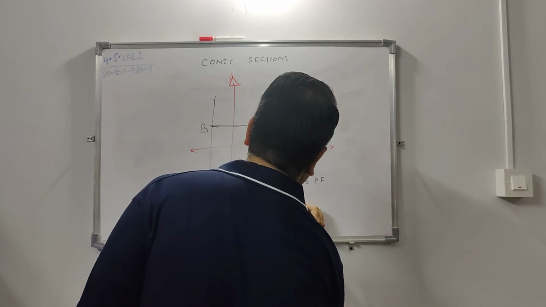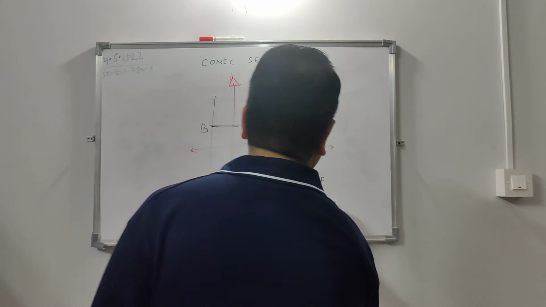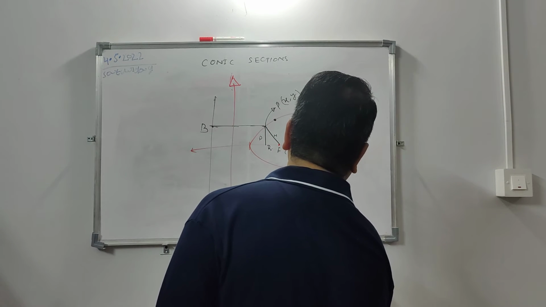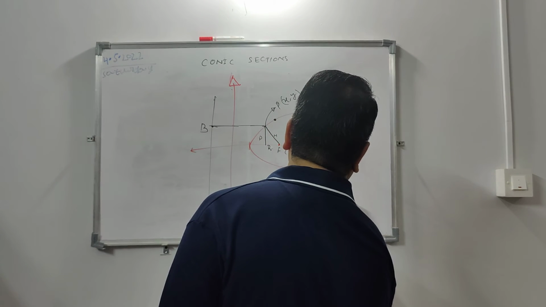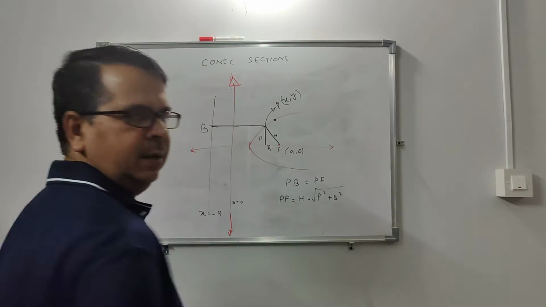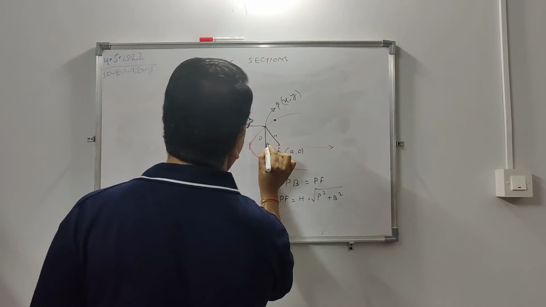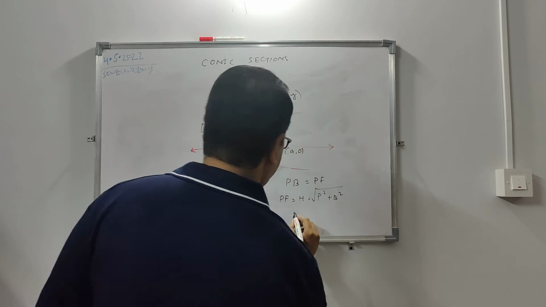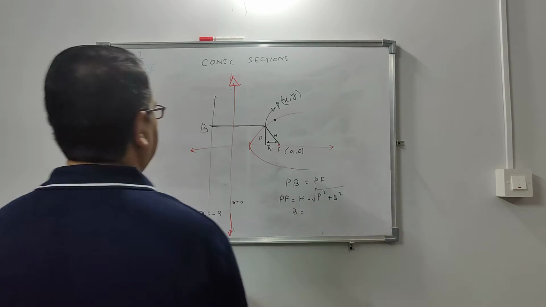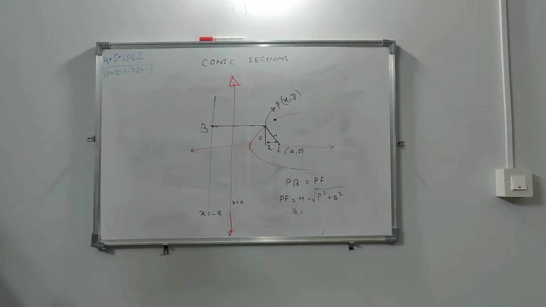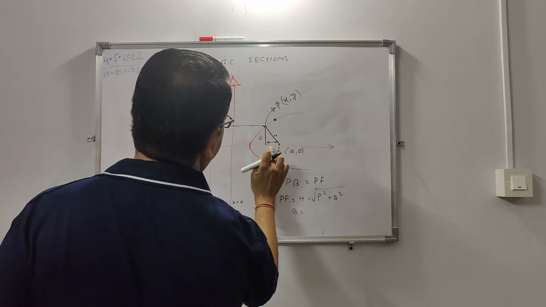PF is nothing but your hypotenuse, so it is the square root of P square plus B square. How much is your B here now? This is your base, so we have to find out the magnitude of B.